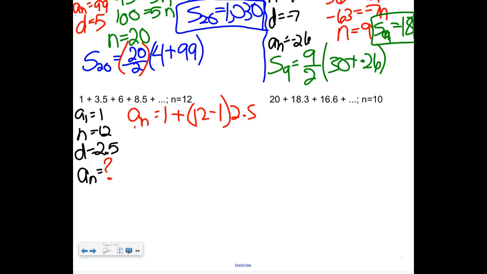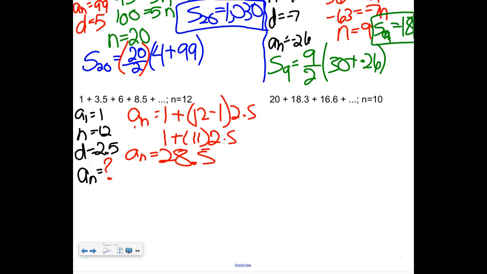So to be honest, you can grab your calculator, plug this whole thing in. If you do want to simplify this to 11 real quick for your calculator, you could certainly do that. Or to be honest, again, you could plug the whole thing in. And when we plug the whole thing in, we are getting our An equals 28.5. So as you can see here, if I give you the n, it's way easier because you don't have to solve anything. You just got to plug it into your calculator.